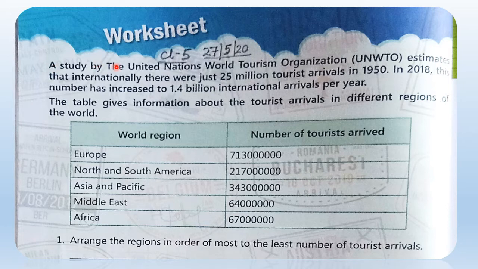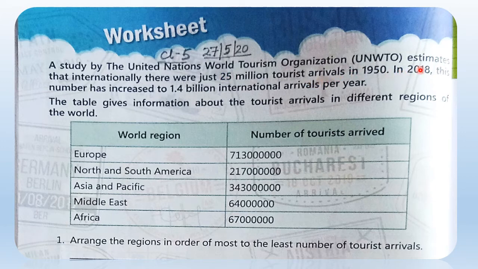A study by the United Nations World Tourism Organization, UNWTO, estimates that internationally there were just 25 million tourist arrivals in 1950.